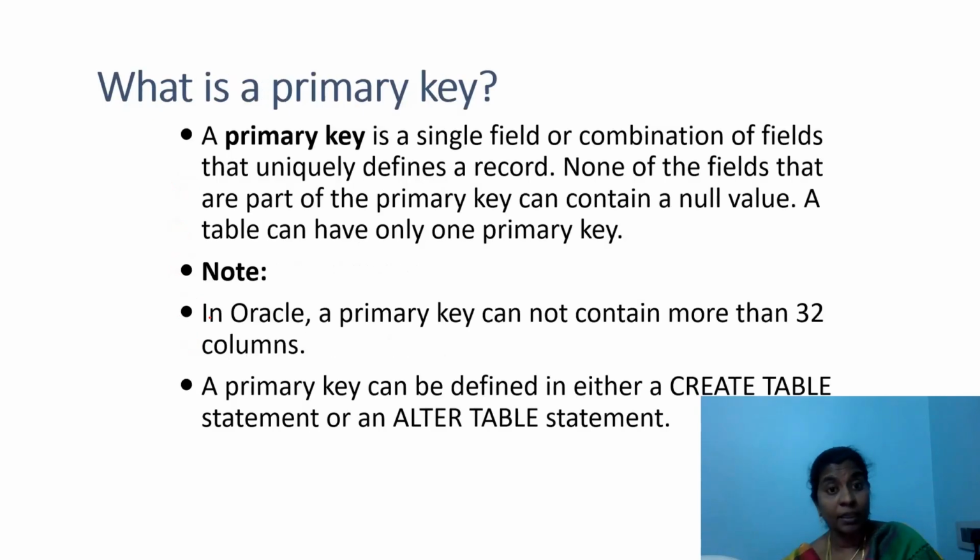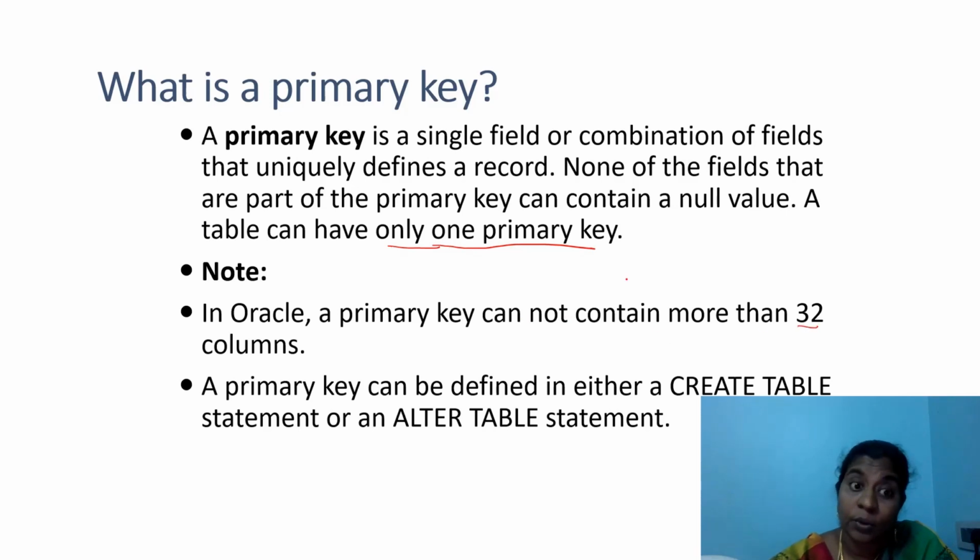So what is a primary key? A primary key is a single field or a combination of fields that uniquely defines a record. None of the fields that are part of the primary key can contain a null value. A table can have only one primary key. So that you should remember, any table can have only one primary key. Another thing is, in Oracle, a primary key cannot contain more than 32 columns.